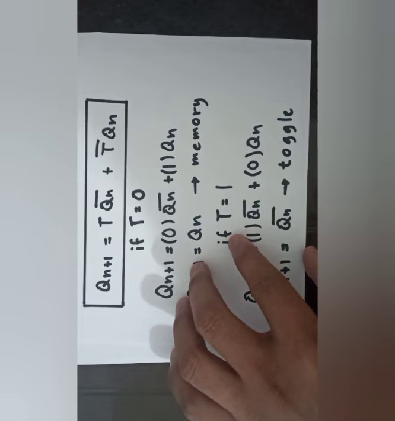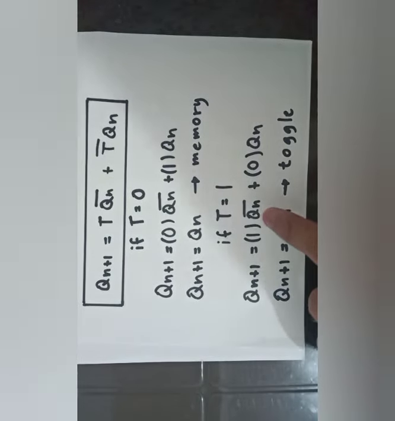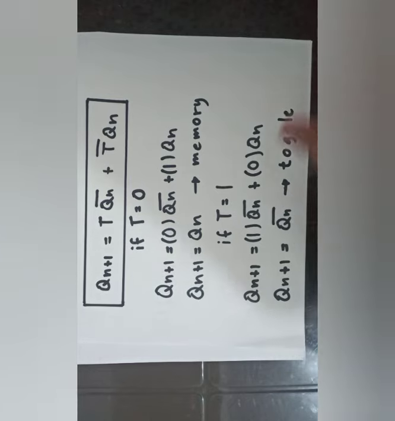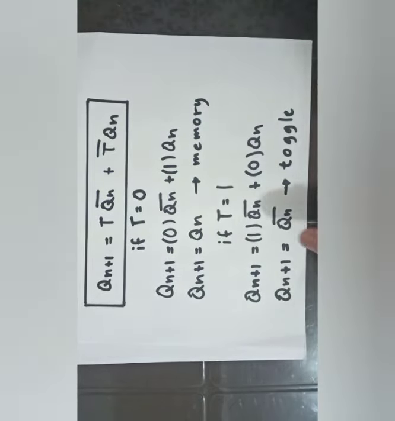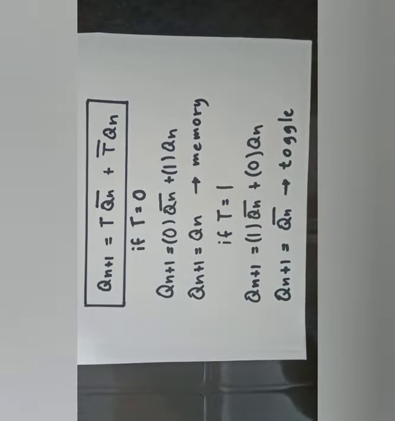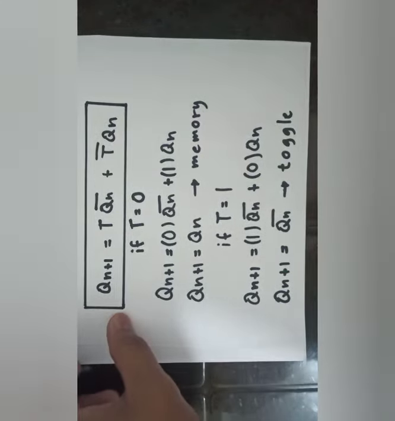And if T is equal to 1, then Qn plus 1 is equal to 1 times Qn bar plus 0 times Qn. So it gives us Qn plus 1 is equal to Qn bar. It also agrees with our characteristic table that if T is equal to 1, then our Qn plus 1 will be in toggle state.